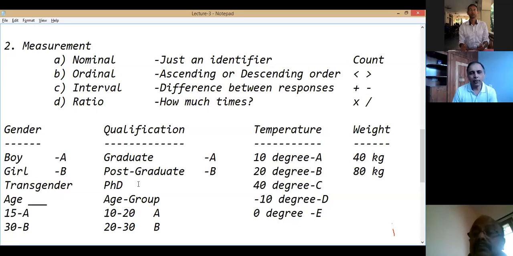The first two, nominal and ordinal, are also called categorical questions, because the questions are there in the category format. Multiple choice or these categories are there. So we can call them nominal, ordinal, categorical, or non-metric. The interval and the ratio: for interval, I am just saying Likert scale, which I have not discussed so far.